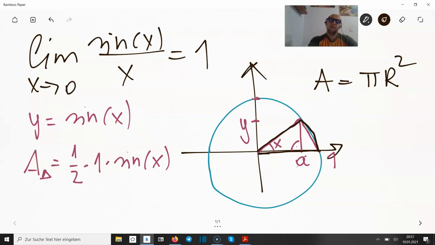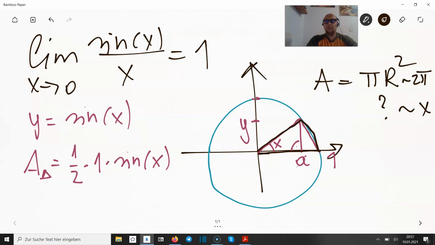Let's say the angle is given in radians. The whole circle corresponds to 2 pi, which is the circumference of a unit circle. So this unknown area, question mark, corresponds to x.